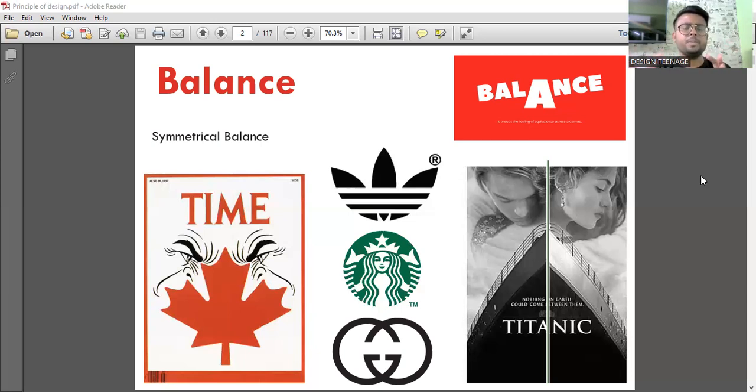The very first aspect of balance is symmetrical balance. So what is symmetrical balance we need to understand? Symmetrical balance is nothing but a composition which is there with you. For example, over here you are seeing some logo, or particularly some posters, but it can be anything in a wider aspect, which we will look into in the upcoming compositions.